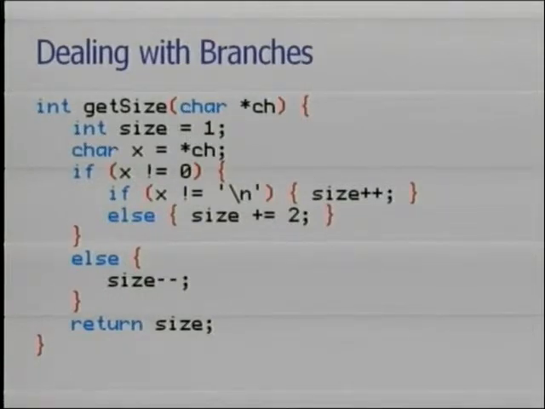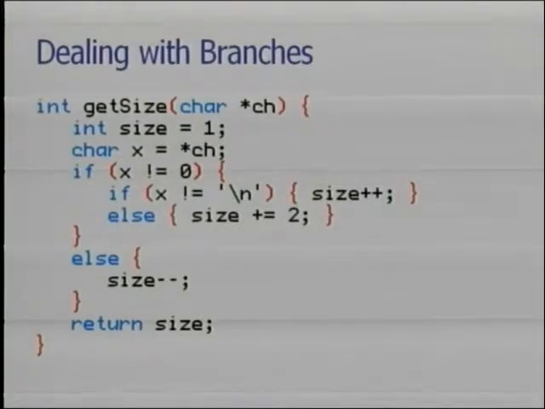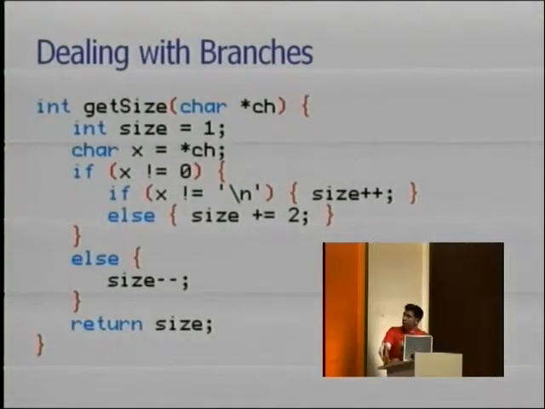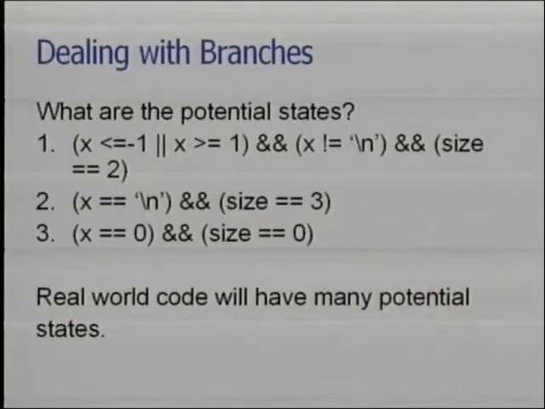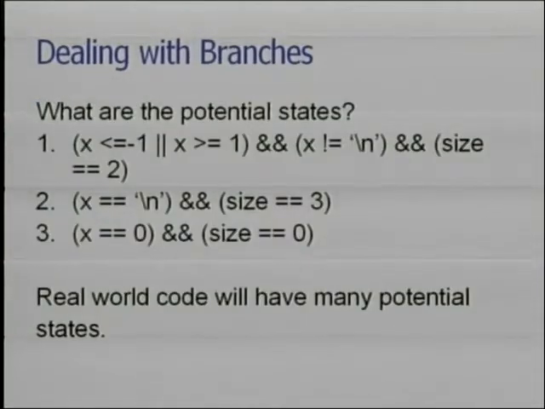Taking the first block and taking the first if, and that being true. So the next possibility is that x is equal to a new line, and that would make size equal to 3. That's if it takes the first if and it takes the else within that block. And the last possibility is if it just drops straight through the outside else, and it just subtracts 1 from size. So we know that x equals 0 and size equals 0.